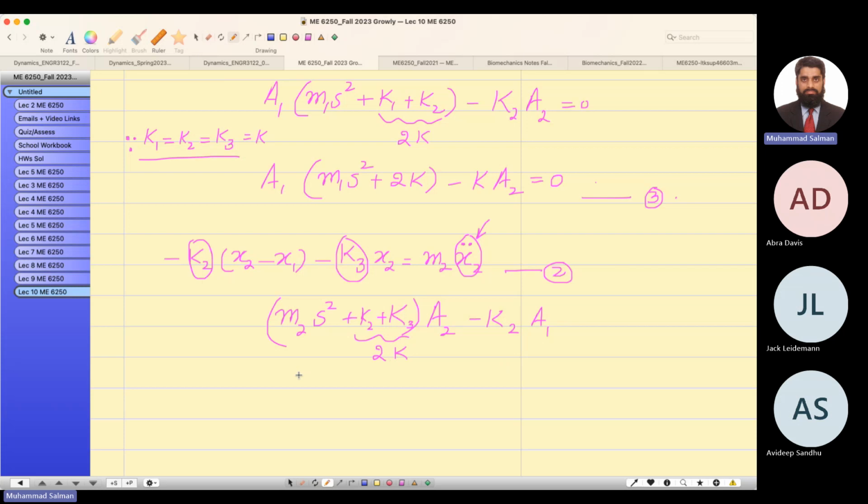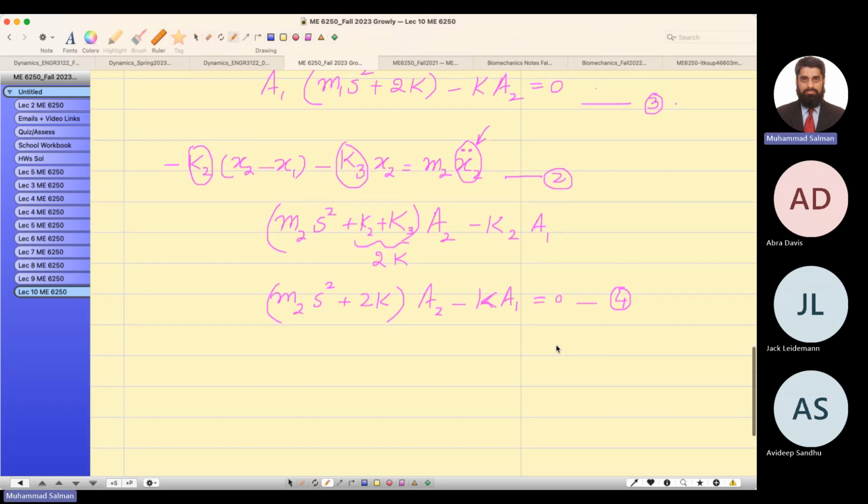Now I can rewrite this equation to help you. M2 s squared plus 2k times A2 minus k A1. Question number 4.